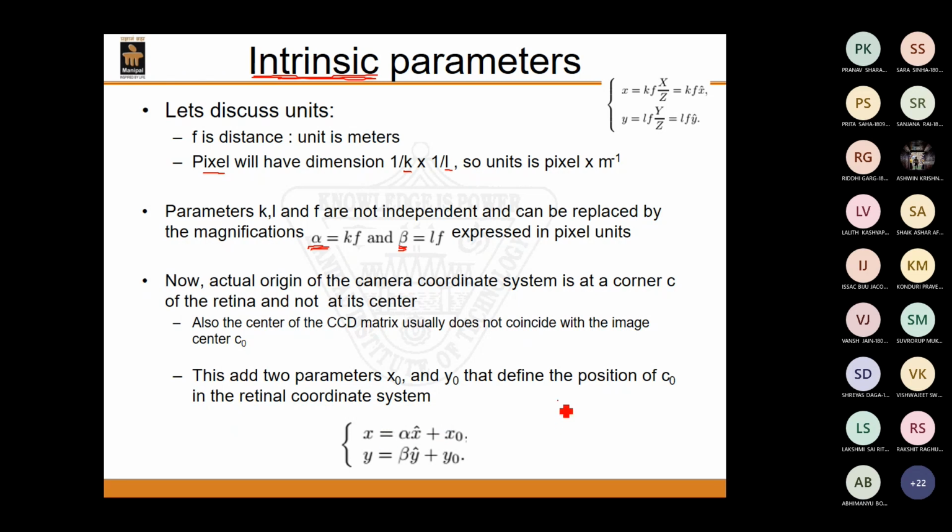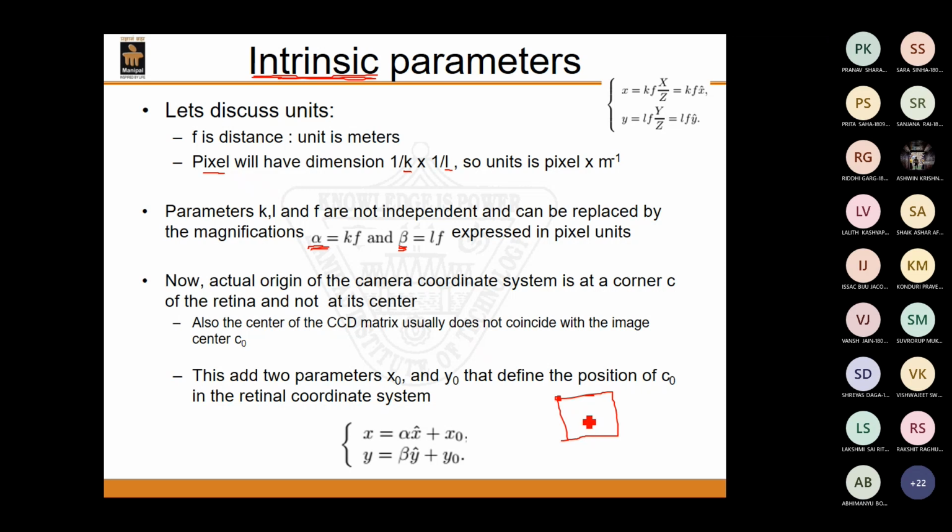Now, we also know that when you are considering an image, the image origin is by default considered to be at the top left corner, right? But when you're working with images, the image center has to be aligned with the camera center.